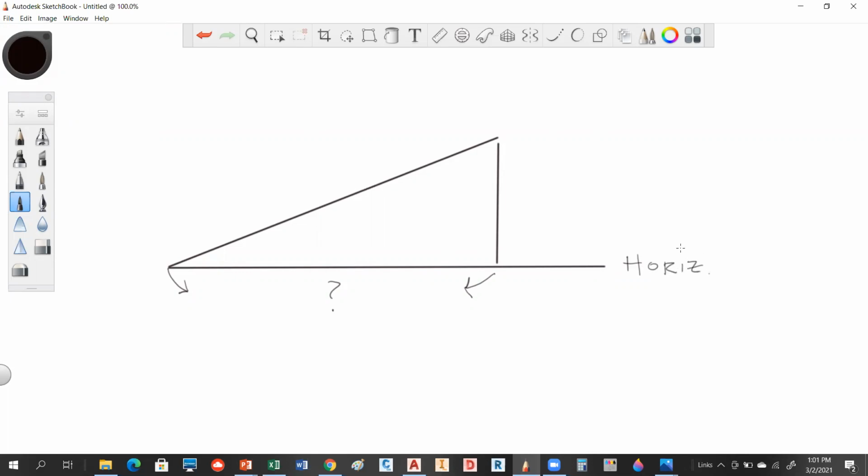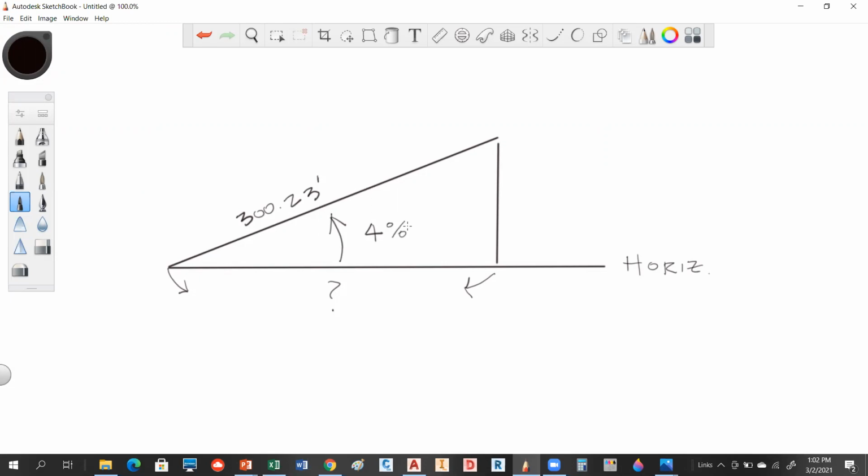And it says that you measured along the sloping ground 300.23 feet. And that this guy is 4% off the horizontal.